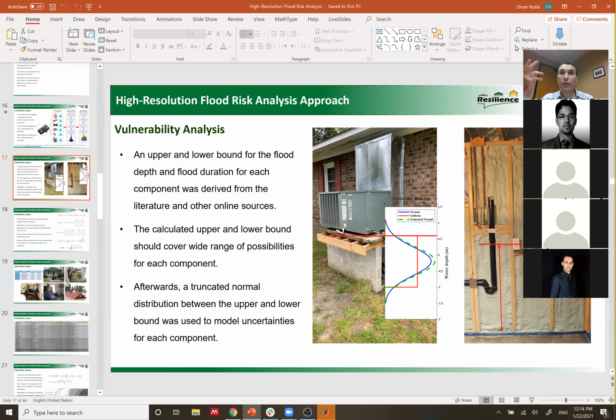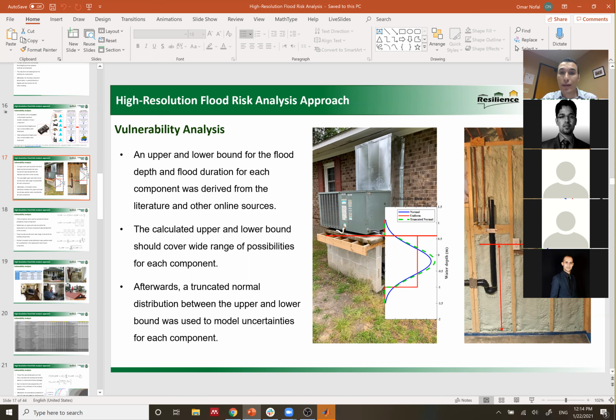The damage states are based on the functionality of the building and the essentiality of each component to provide the essential function for the building. You can live in a building without a heater or without an AC. So it is not based on elevation. It is based on the essentiality of the component to provide the main thing that you need in your home.